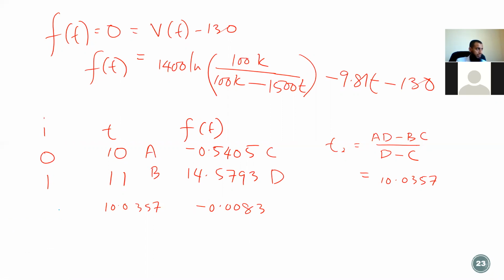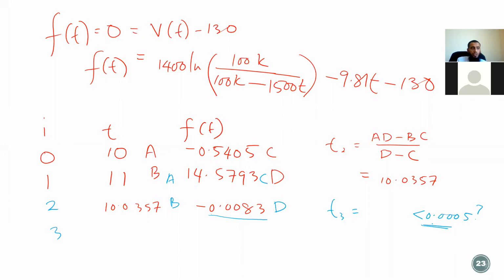Okay, so this is the second iteration. Then this one becomes A, B, C, D. For T3, before that you need to check whether this value is less than 0.0005.